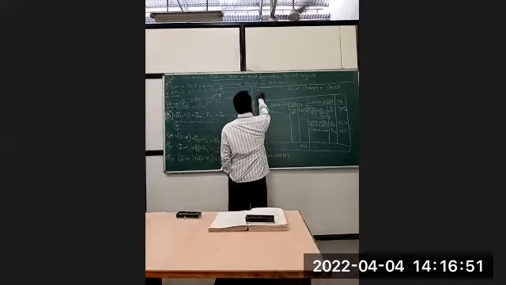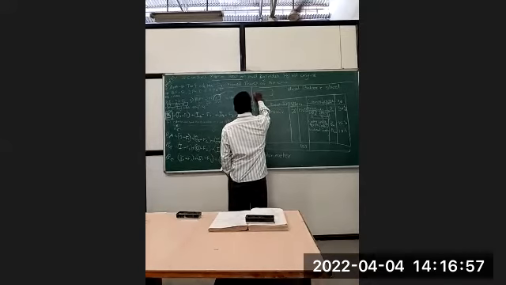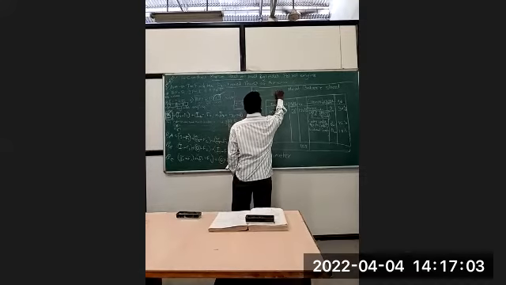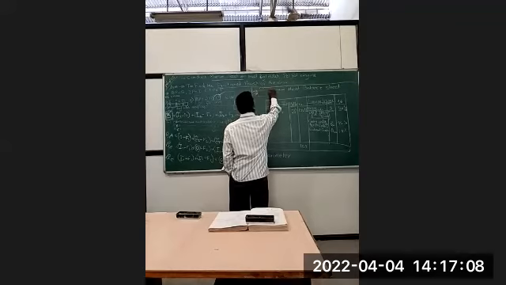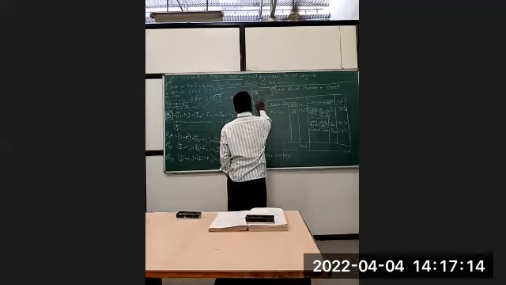Suppose you have a heat exchanger like this. We make the gases flow in here, and the gases flow out here, and we are supplying the cold water over here and taking the hot water from here.